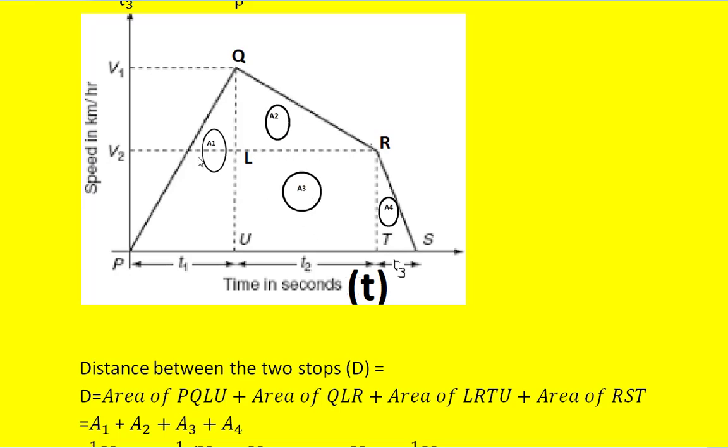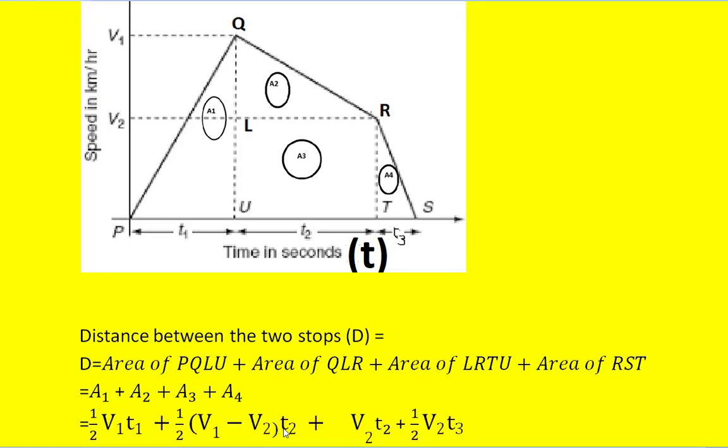So if we calculate these areas, this is A1, A2, A3 and A4, and if we add all those, then what we get is nothing but the distance between the two stations. So now we write the distance between the two stations or two stops, capital D, is equal to the area of this, that is PQLU, this triangle.